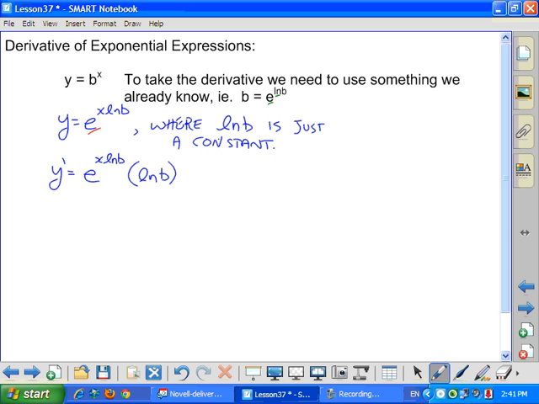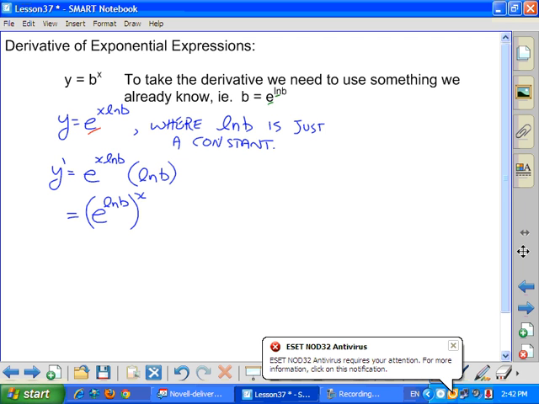Now let's clean this up a little bit. With that term inside the bracket, or with the e function here, I'm going to rewrite it as e to the exponent ln b, and put it in brackets. I'm going to move the x out, so I'm undoing the power of power rules with exponents here. And then we have ln b.